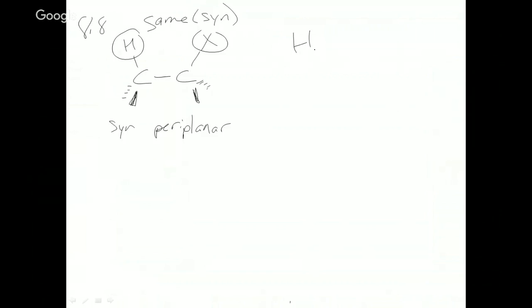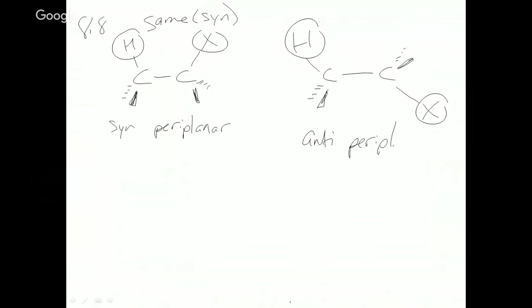Now, we said this one earlier. Again, we introduce topics, and then we come back to them. Now they're in the same plane. Again, we don't care what exactly these groups are, but they're anti to one another. They're on the opposite face. Anti-periplanar.